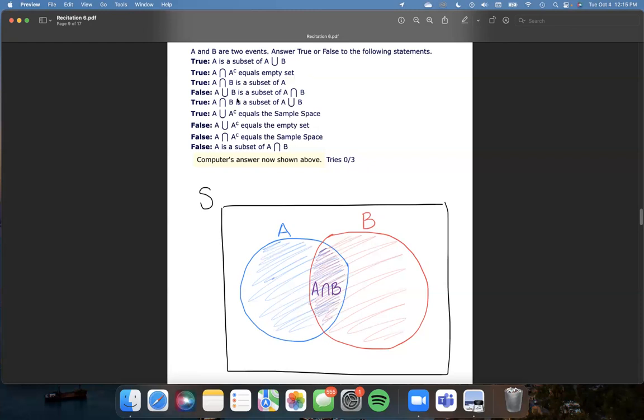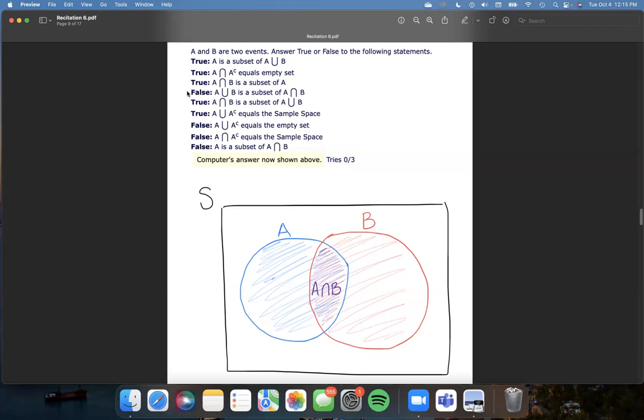So that is correct. Next, A intersect B is a subset of A. So A intersect B is this purple area, and it is indeed a subset of this blue circle. So it's contained in that blue circle, so that's true.